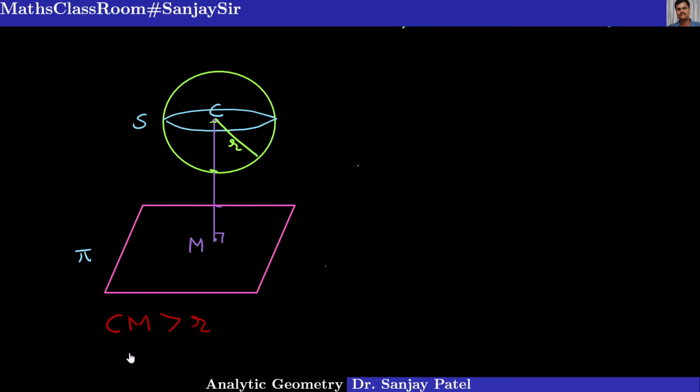So the intersection of the plane and the sphere is the empty set. So S intersection pi is phi. So this is case 1. Same way, we can have case 2. So I am taking again a sphere. Let me just copy this.